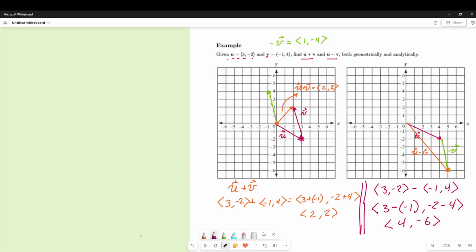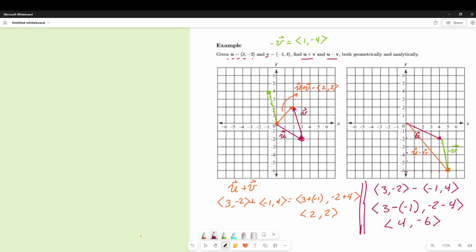And this thing looks like it goes, well, down, oh, sorry, wait a minute. Yeah, 4, negative 6. Looks like it goes down 1, 2, 3, 4, 5, 6. So that's the negative 6. But it looks like it goes over 1, 2, 3, 4, 5. 3, negative 2, negative 1, 4.